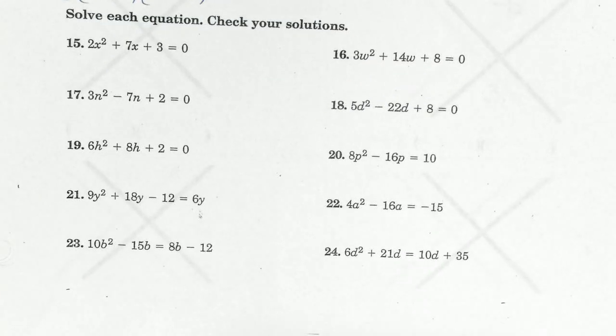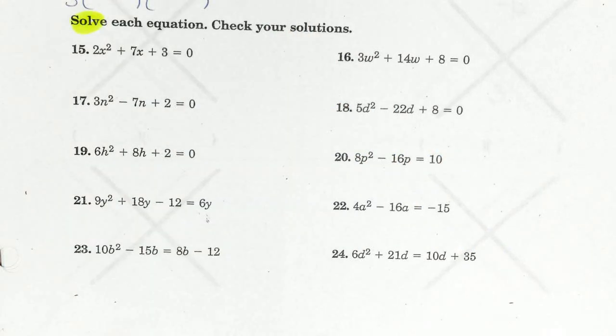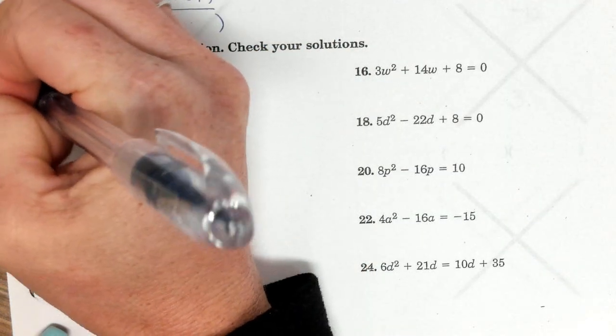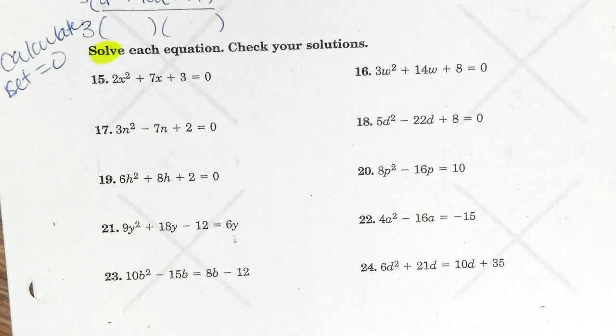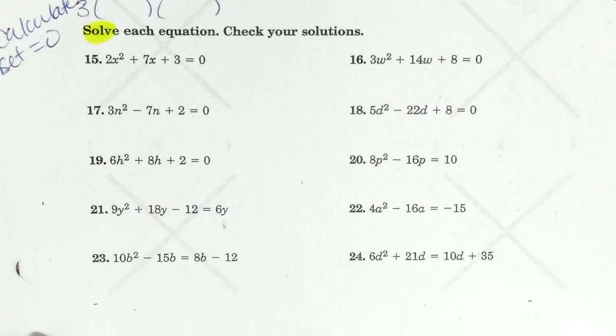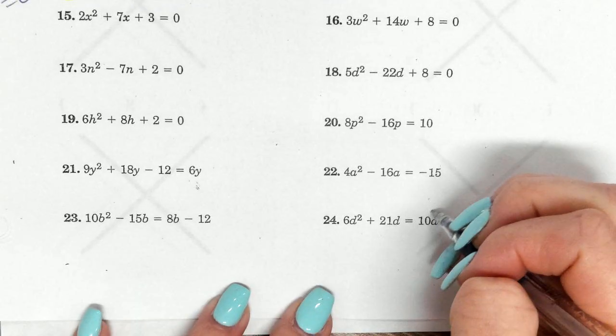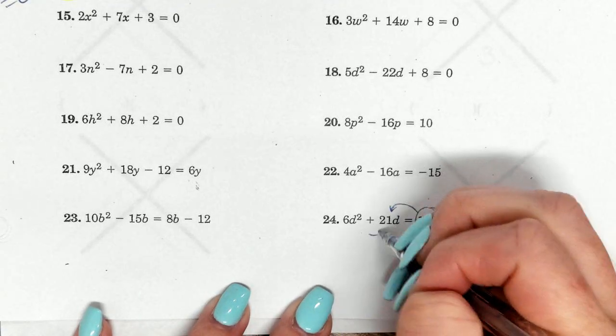What did I tell you all about solving? You can do them in your calculator, but they must be set equal to 0. So calculator, but set equal to 0. Okay, make sure you're combining like terms if you need to. So like on number 24, you're going to pull this 10D over here by subtraction.